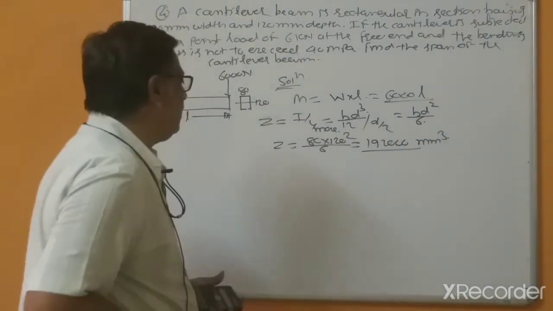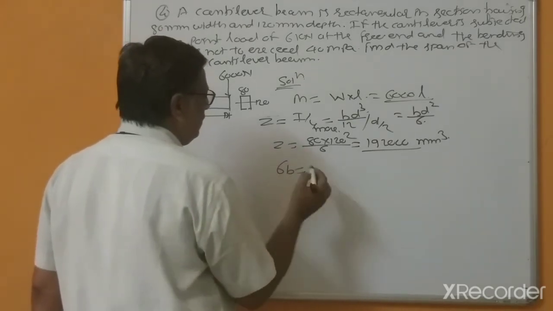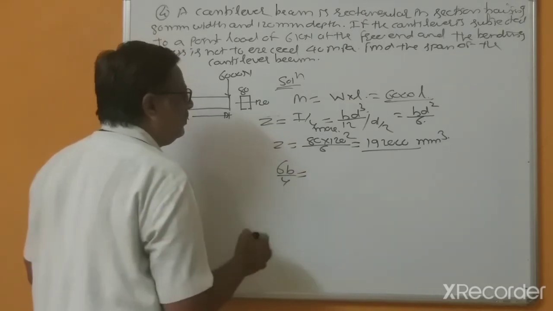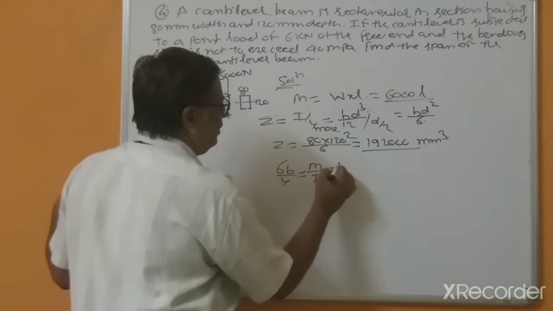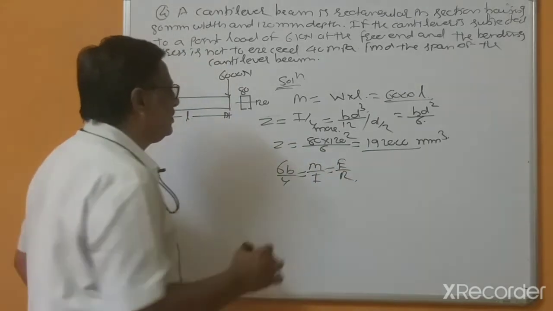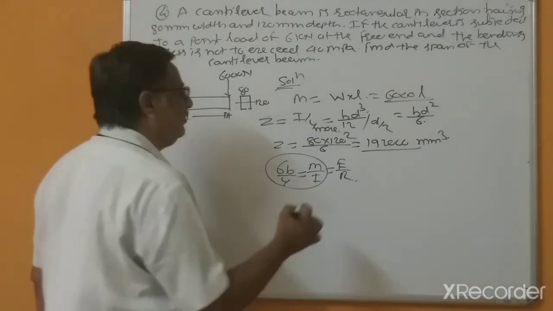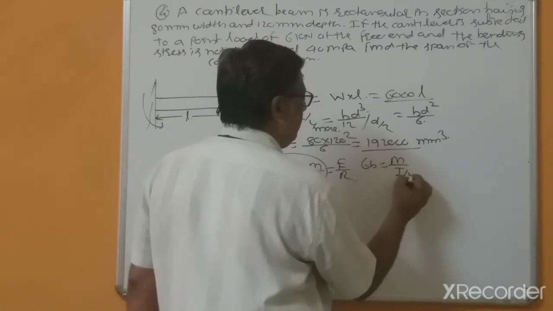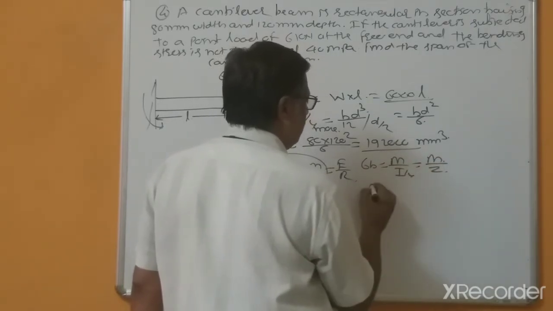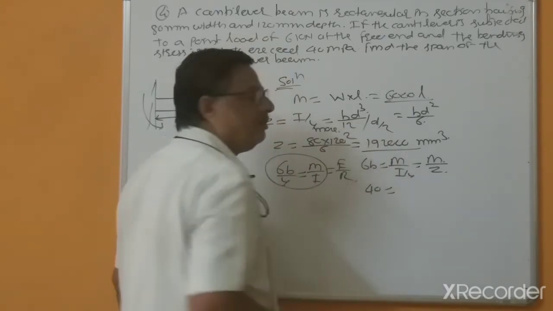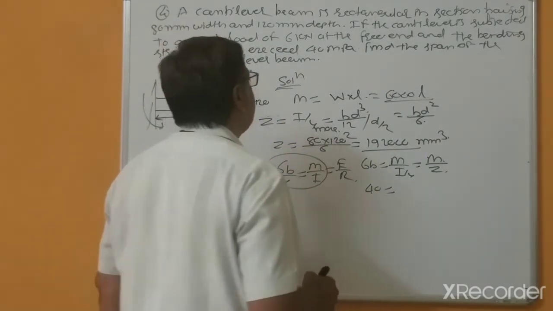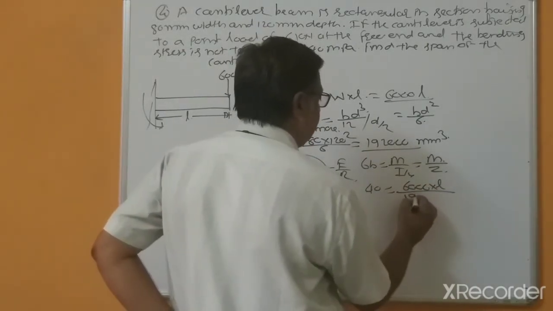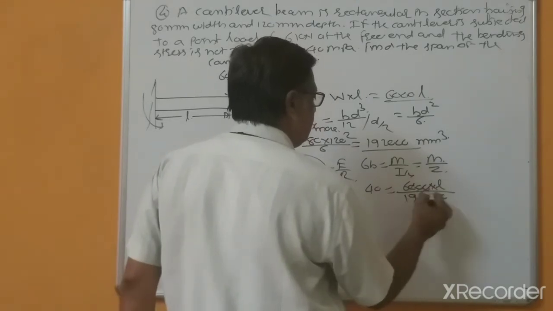Now what is the formula? Sigma B divided by Y equal to M divided by I, equal to E divided by R. So this is the formula we are using. Sigma B equal to M divided by I divided by Y equal to M divided by Z. So sigma B equal to 40 megapascals, means Newton per mm squared, and this is 6000 into L divided by Z, so this will get cancelled.